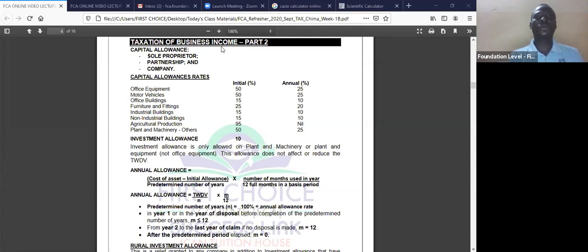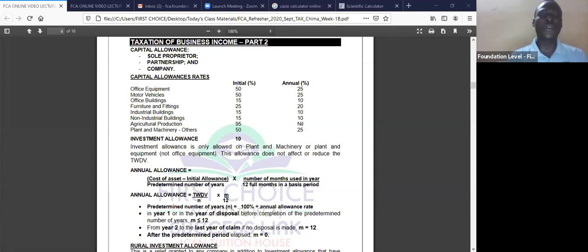Now, like we discussed in assessable profits, capital allowance is also very important so you can determine the tax of any company or sole proprietor. This is the formula to get your tax.